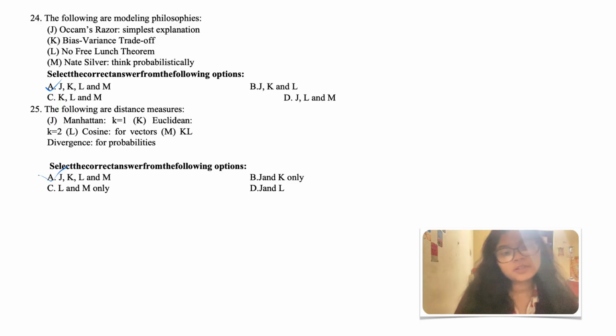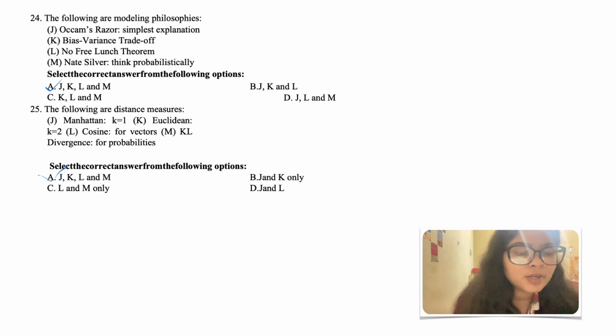Occam's razor means we have a number of ML algorithms that produce the same result, then we choose the simplest one. Bias variance trade-off is that no model is the best. We use a combination. Actually, it's not that. It was the no free lunch theorem, that no model is the best. We use a combination of many, so as to get the desired result.